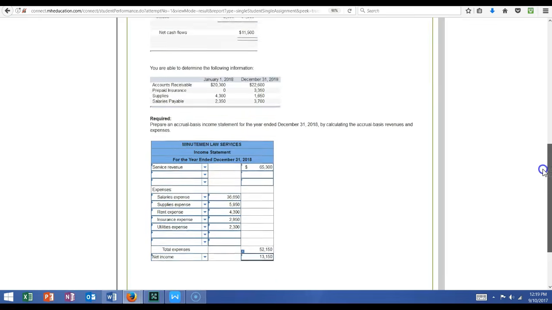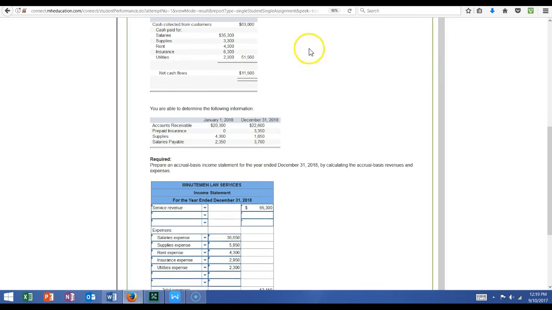You see, they paid out salaries of $35,300. The salaries payable during the year went from $2,350 to $3,700. So it went up an extra $1,350.